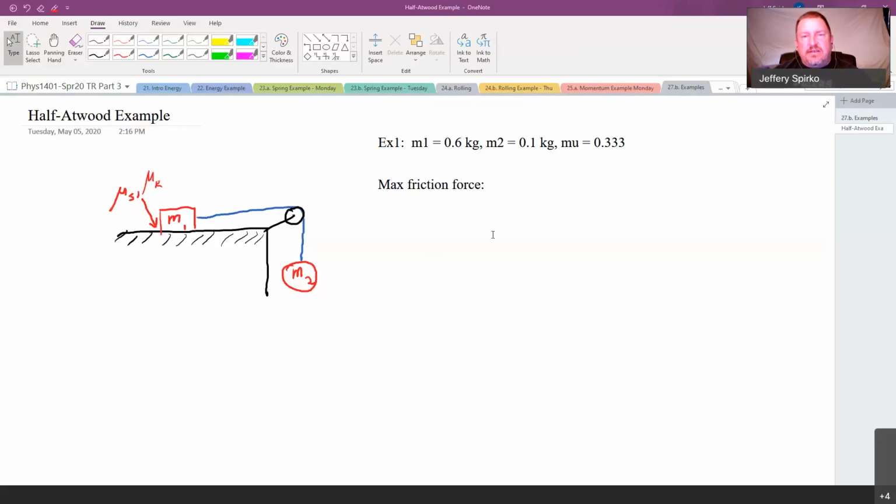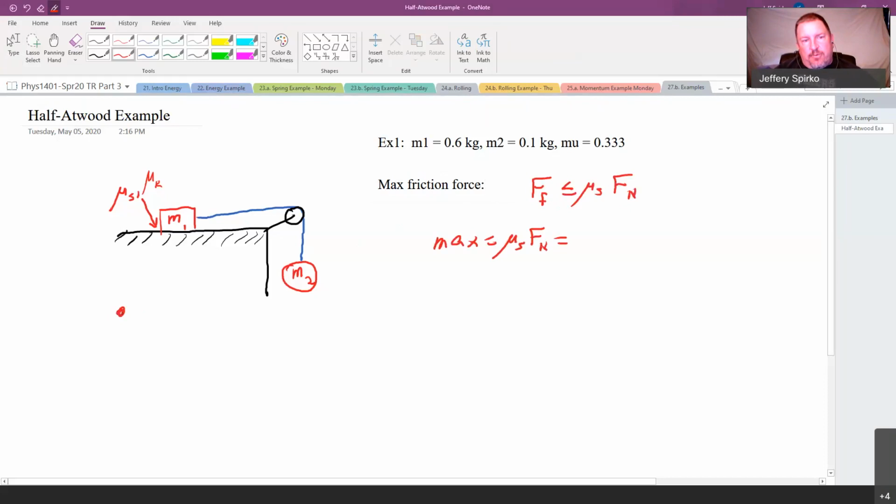And I want to see if I can figure out the max friction force first. So that is, force friction has to be less than or equal to mu static times force normal. So then the max value is mu static times force normal.